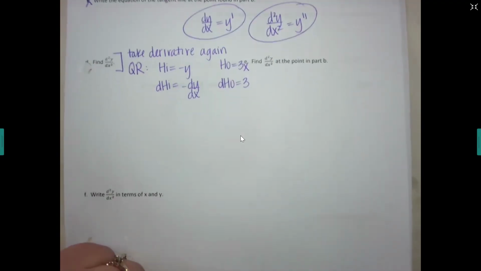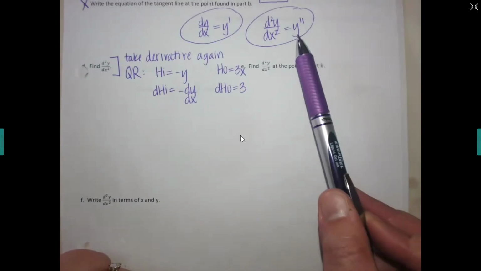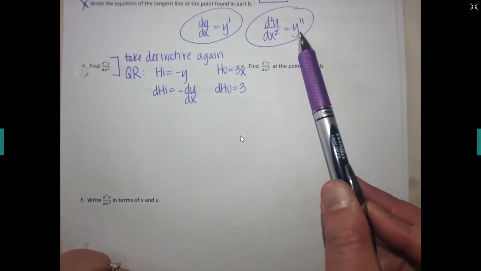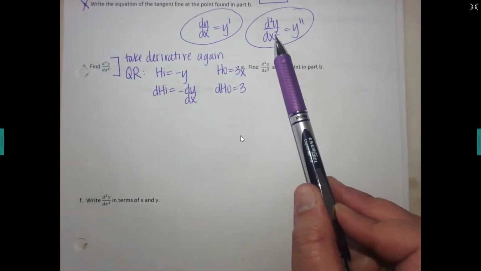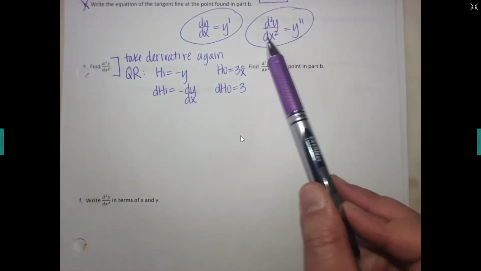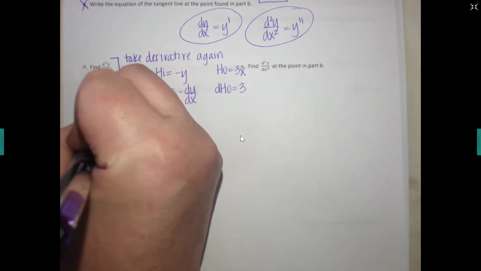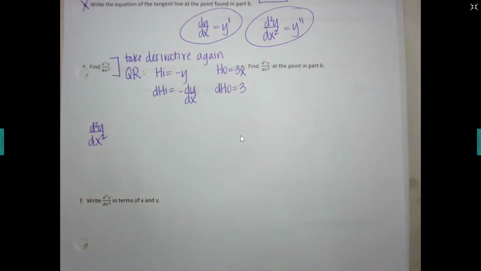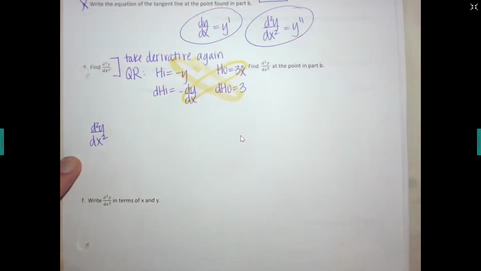And then I want you to write your quotient rule. Now, you can label it either way. If you like the y double prime better, that is shorter. I'm going to write it this way just to practice that notation. But these are the same. So d squared y dx squared equals, remember it's ho d high minus high d ho.